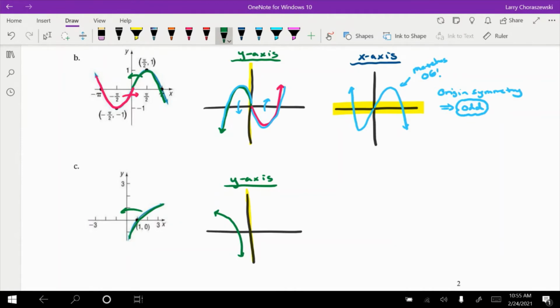This y-axis reflection doesn't match up with the original, so our function's not even. It might be odd, so we should verify whether or not it is.